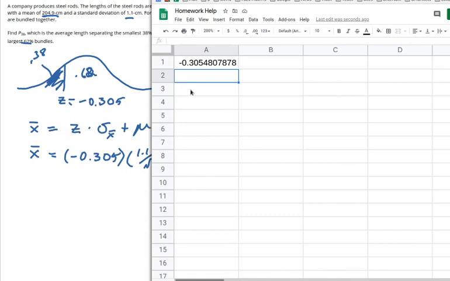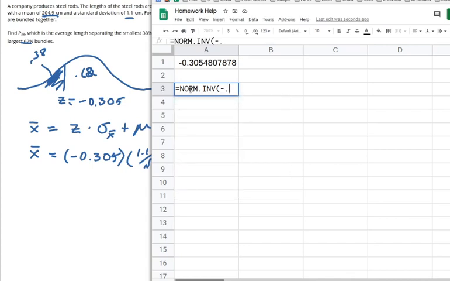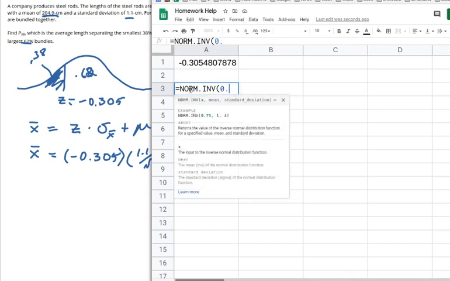Now, if I didn't want to go through that conversion, I could use the NORM.INV without the S in it, and it'll do the conversion for me. So I can plug in 0.38, the mean, which is 204.9, that's the given mean.